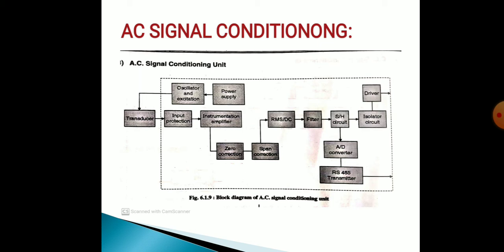Let's see the information of the blocks one by one. The AC signal conditioning unit receives the input signal from the transducer. Input protection. The transducer is protected from high voltage transients such as overexcitation voltage.